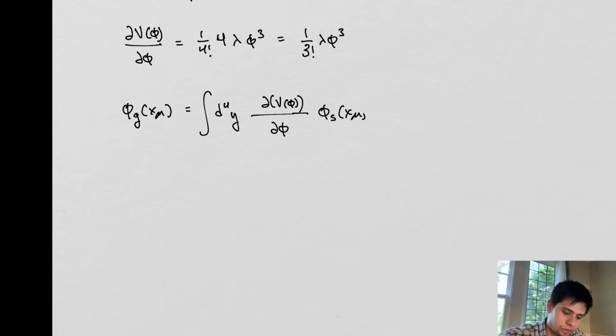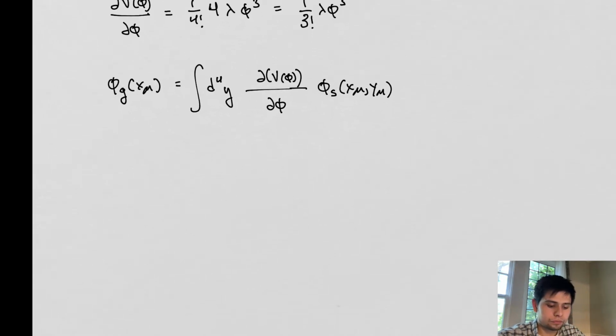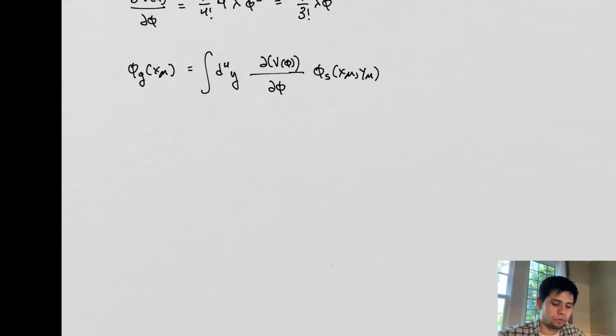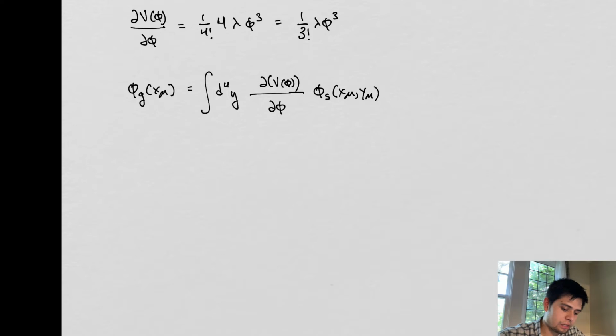And so, what can we say here? Well, this here actually becomes d4y times 1/3 factorial times phi to the 3rd power.